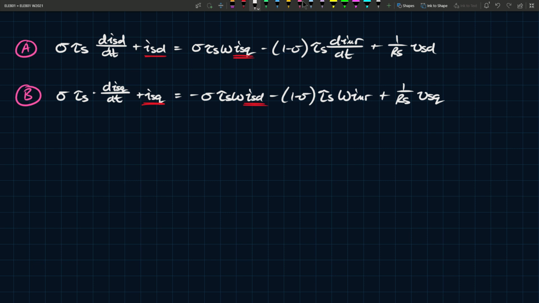So in the steady state, derivative terms go to 0, and you can simplify the equation, and you'll get two equations.